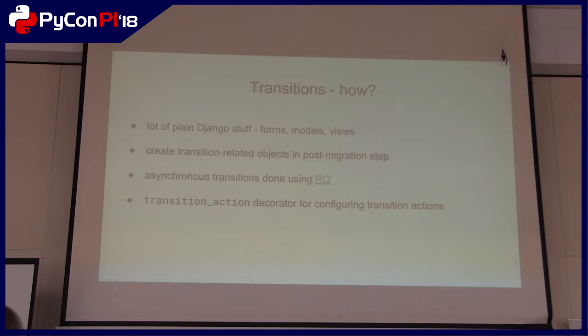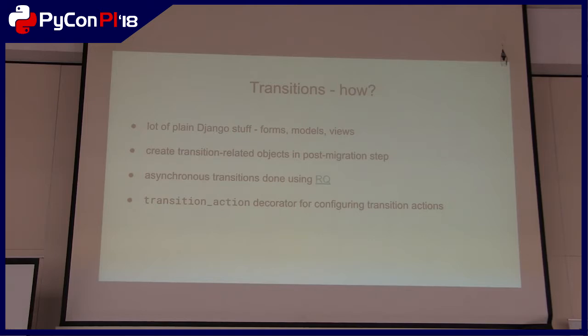So, how does it work? How did we achieve it? There is a lot of plain Django stuff like forms, models, views, nothing really magical. We create all of the objects, for example actions which we can select in the transition view, during the post-migration step.